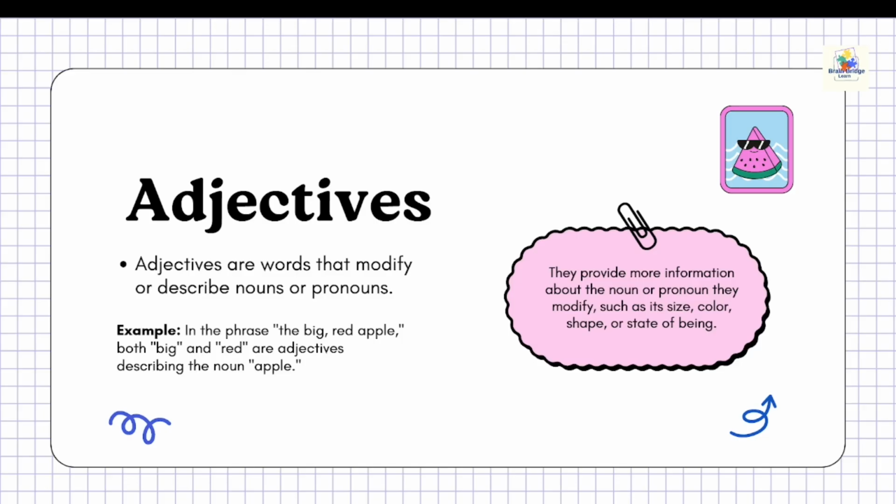They also provide more information about the noun or pronoun. They modify it such as its size, color, shape or state of being. Like the apple is big, that is its size, the apple is red, that is its color. The shape of the apple is not shown here, but for example, or the state of being.